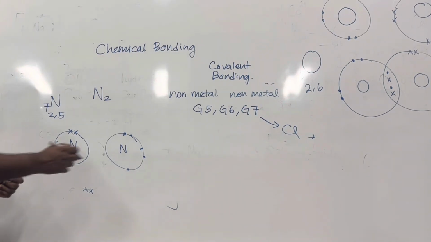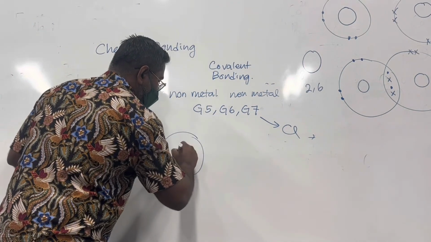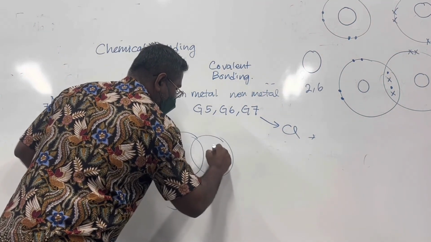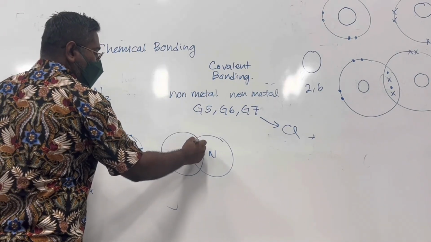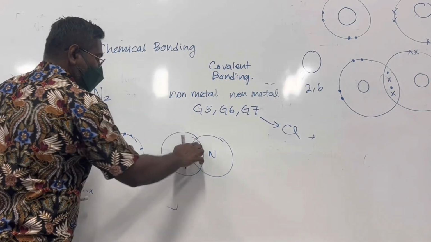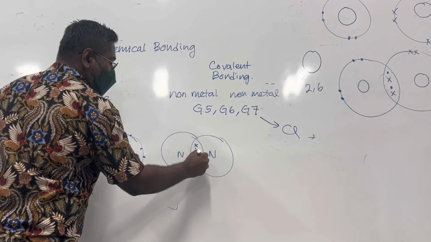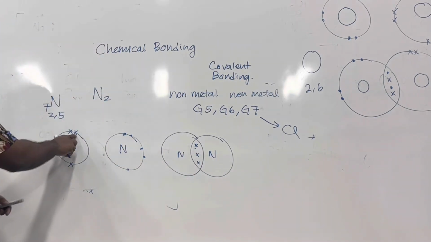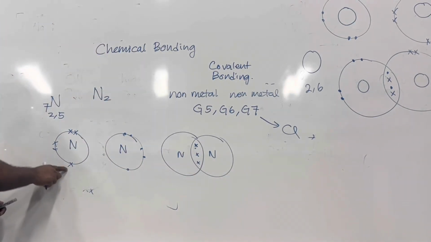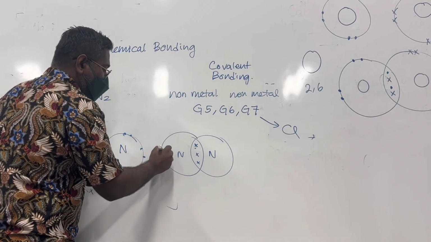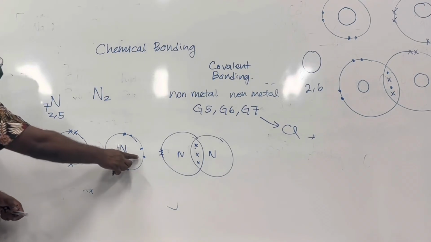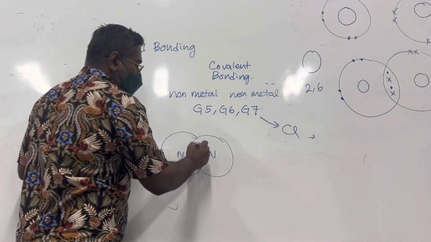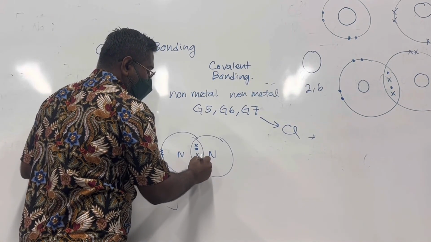So now, nitrogen overlaps with the nitrogen. This nitrogen sets aside the 3 electrons. Let's say I start with the X. 1, 2, 3. 3 electrons already set aside, so there's only another 2 electrons. So I put the 2 electrons here. 3 electrons set aside, so dot, dot, dot.